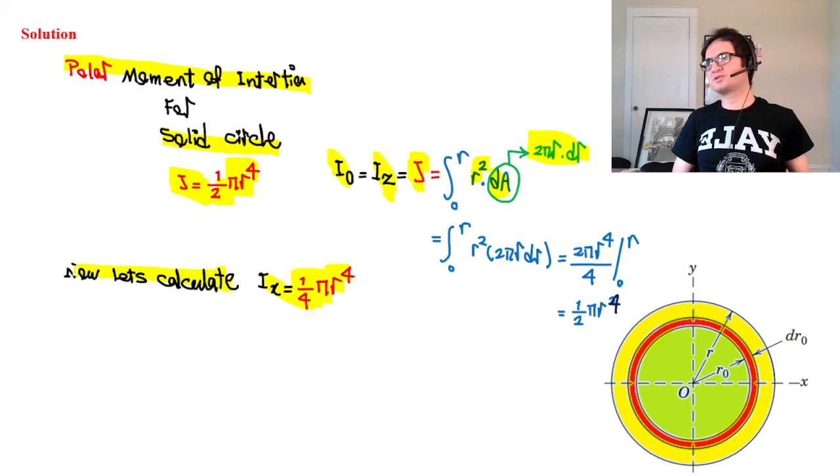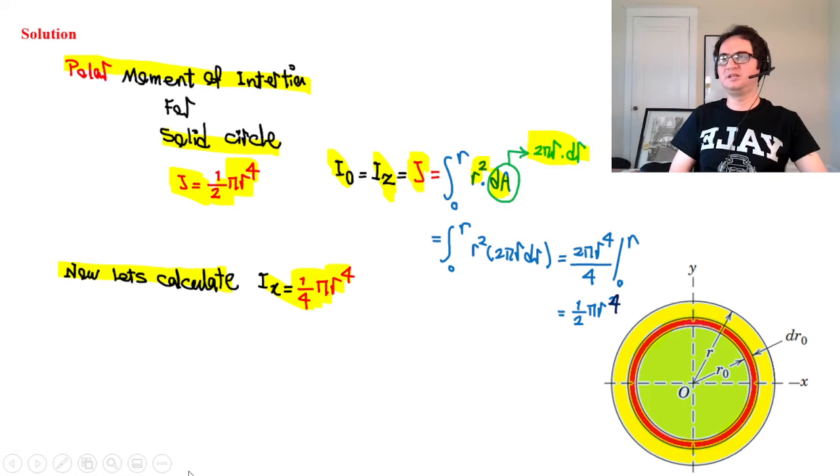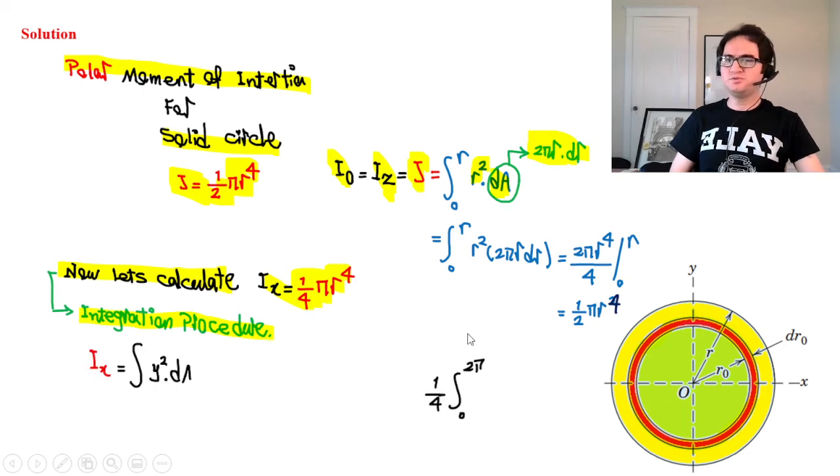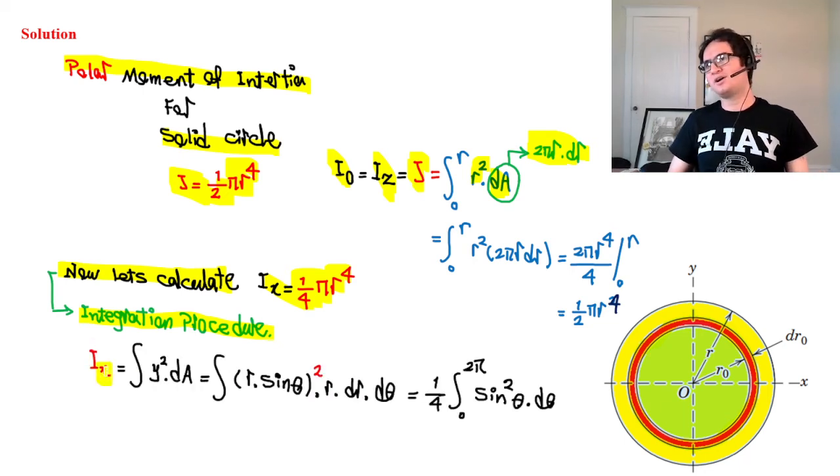But let's go a bit deeper and solve it with integration to verify it. So let's go through an integration process for Ix. Ix is the integral of y squared dA.